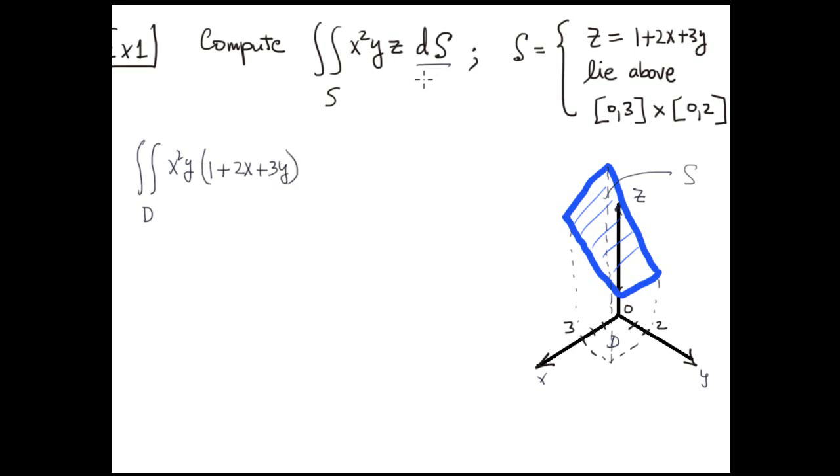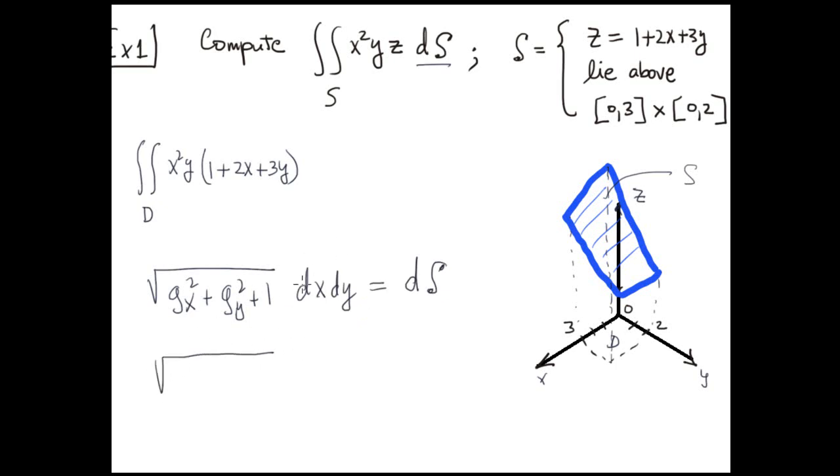Now we compute this ds. The formula is the square root of gx squared plus gy squared plus 1, dx dy. This is ds. g is this.